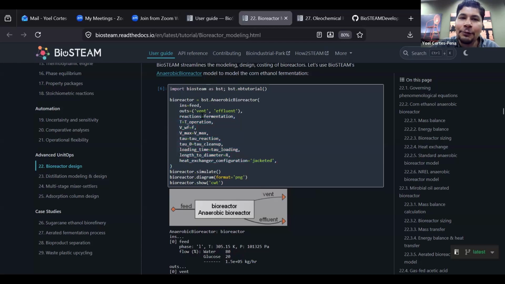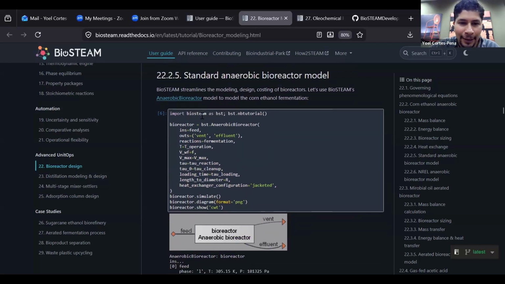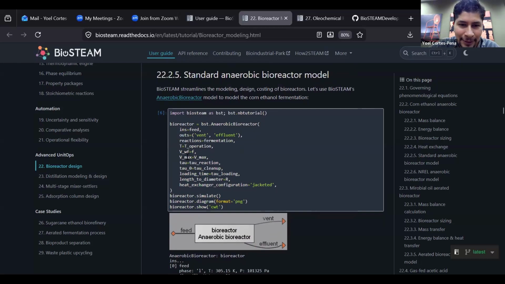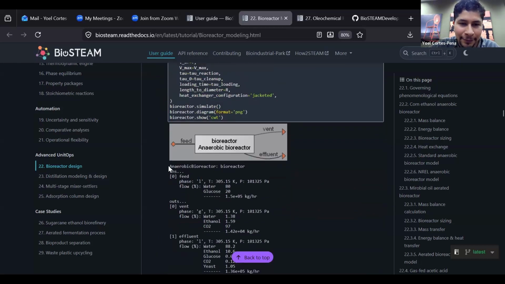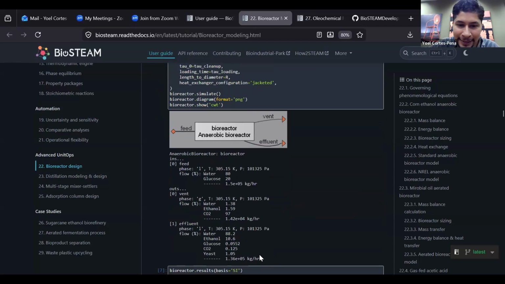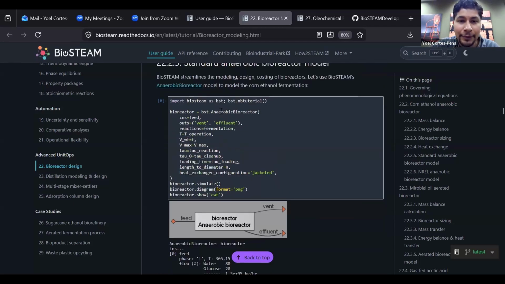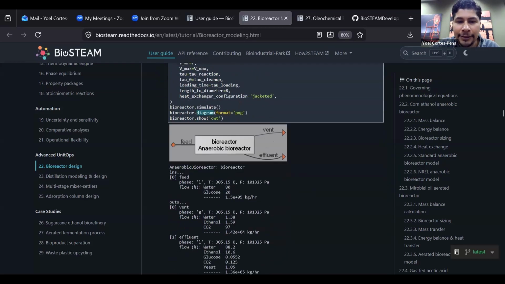Now, I'm just showing you what happens within the unit operation to help you understand how BioSTEAM works. And we'll get to all these other details very soon. In any case, the results that we got from the mass and energy balance are the exact same results that we get here from this unit operation. So when we define a unit operation, we specify the inlet, the outlet names or actual streams, and other input parameters. We simulate, and then we can get diagrams and look at the results.